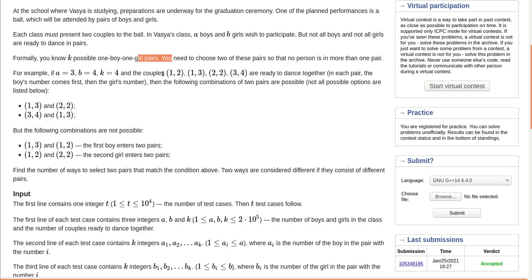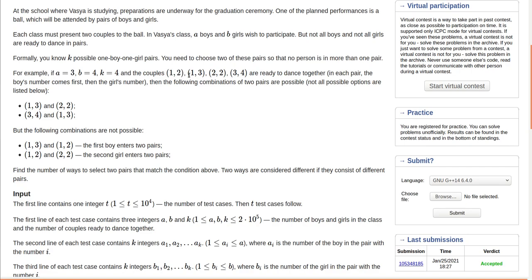So from each class we have to make two couples and send them to the function, and the condition is that one boy should belong to only one couple, like one boy cannot be in more than one couple, which is obvious, and one girl cannot be in more than one couple.